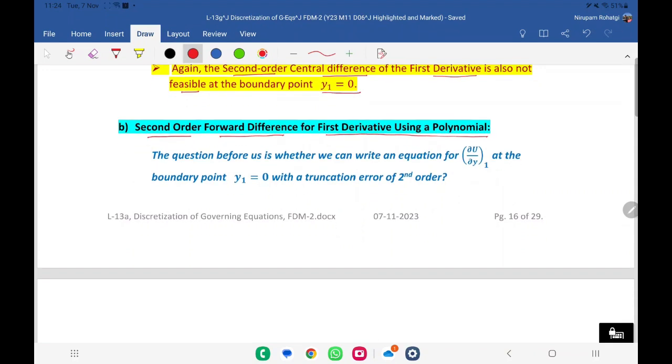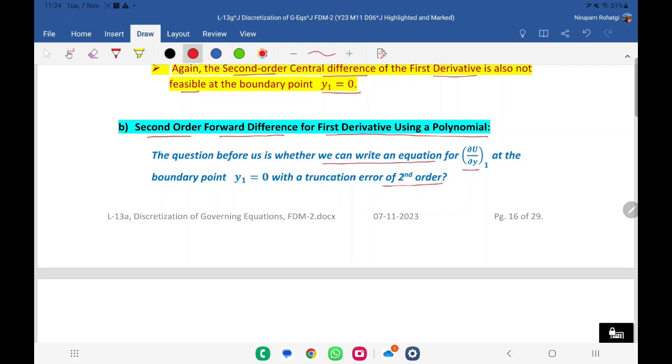So the question before us is whether we can write an equation for del u by del y at point 1 with truncation order of 2. This is not the only solution. I told you that this is one sample case. There could be different methods also, but that would unnecessarily get us lost in the same type of things without getting the whole idea about CFD.